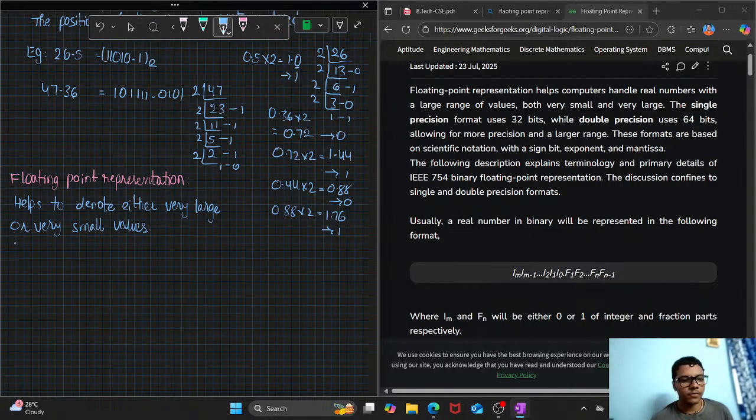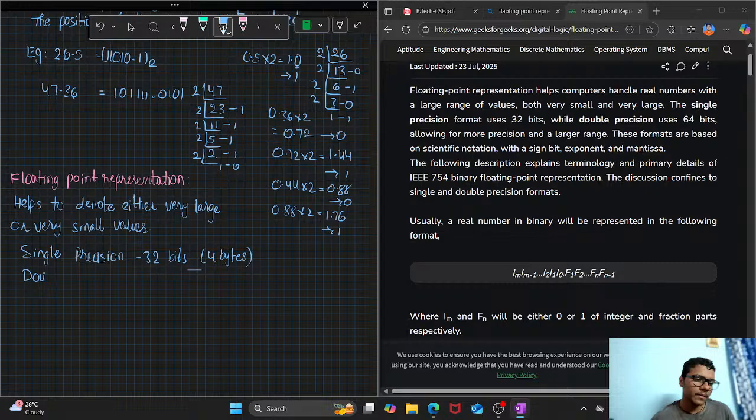The single precision format, I think we have studied this in C and Java as well. Single precision uses 32 bits or 4 bytes, and the double precision uses 64 bits or 8 bytes to represent the data.